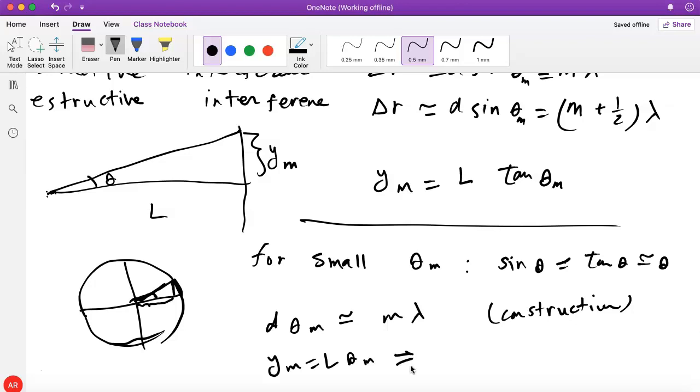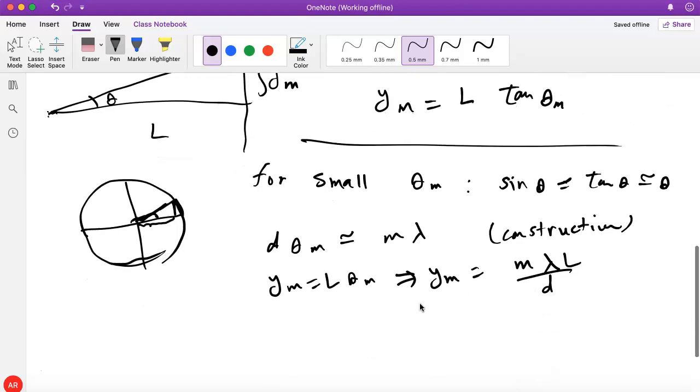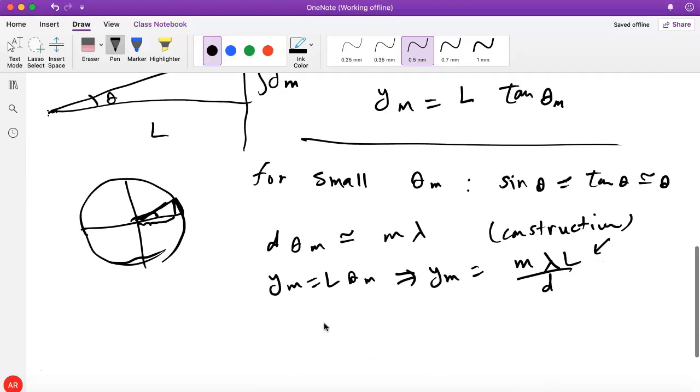So ym becomes m lambda L over d, right? Theta m is m lambda over d, so that's constructive, and then ym is m plus a half lambda L over d. That's for destructive.